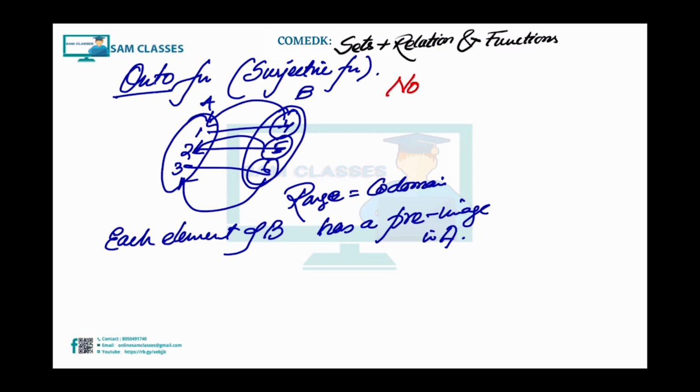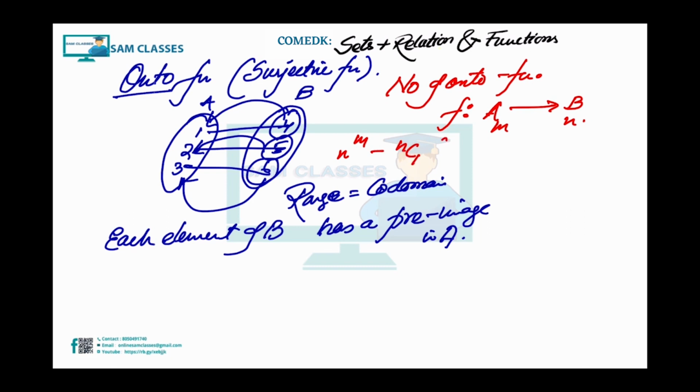Very important. So you have to mark down this value, the number of onto functions. Proof is also there, but we will not do it as of now in the crash part. From A to B, m and n elements are there. So n^m minus nC1 (n minus 1)^m, plus nC2 (n minus 2)^m, minus nC3 (n minus 3)^m, plus and so on.